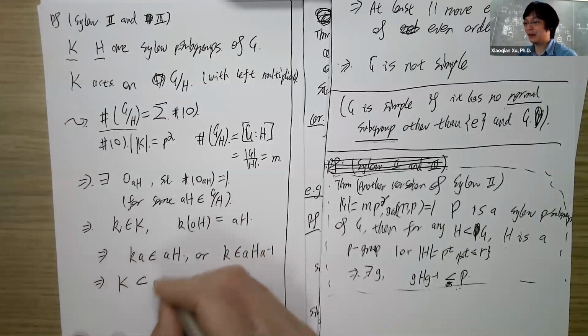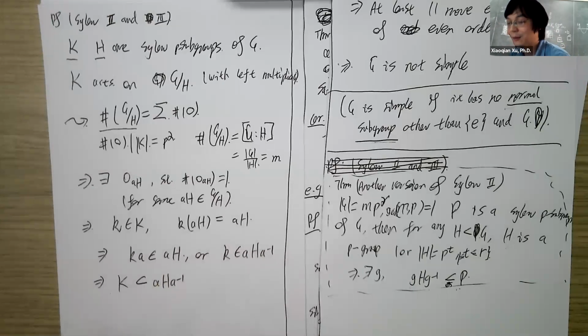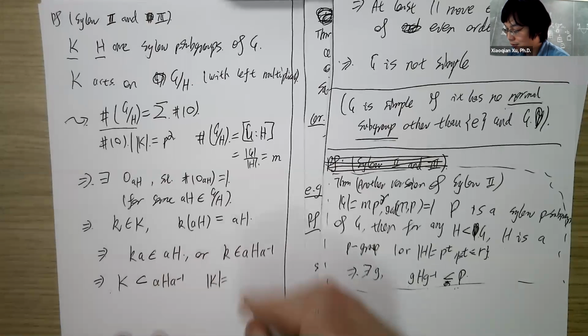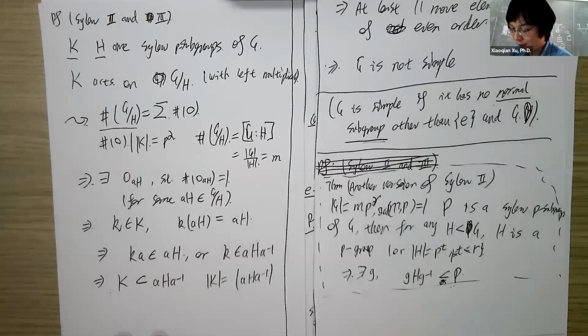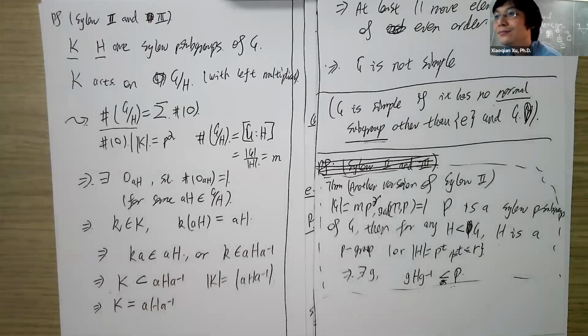For any element in this set, K is a subset of AHA inverse. But we know that the number of elements of K equals the number of elements of this set, which is P to the alpha. So K equals AHA inverse.